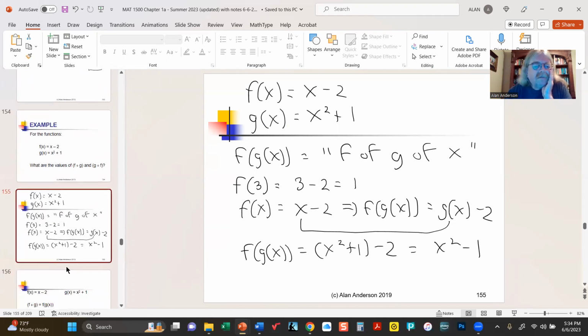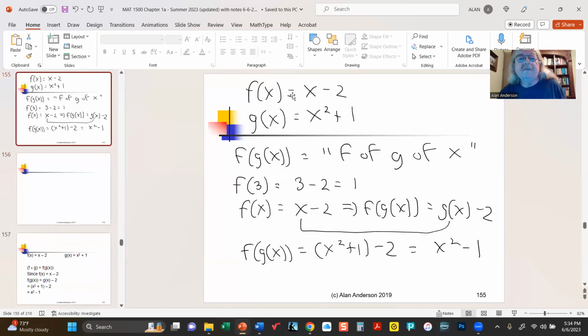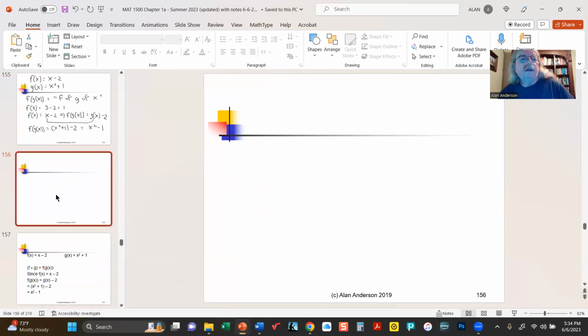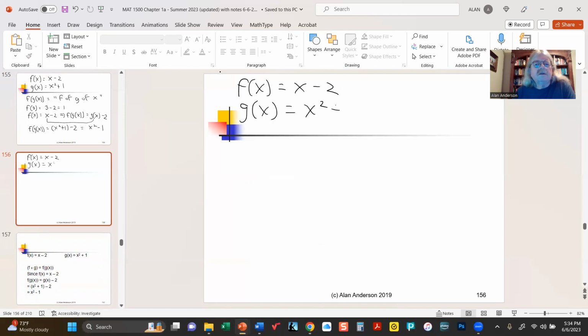And then similarly, if we have the same two functions, f of x is x minus 2, g of x is x squared plus 1, g of f of x can be thought of as go to the g function, replace all the x's with f of x.